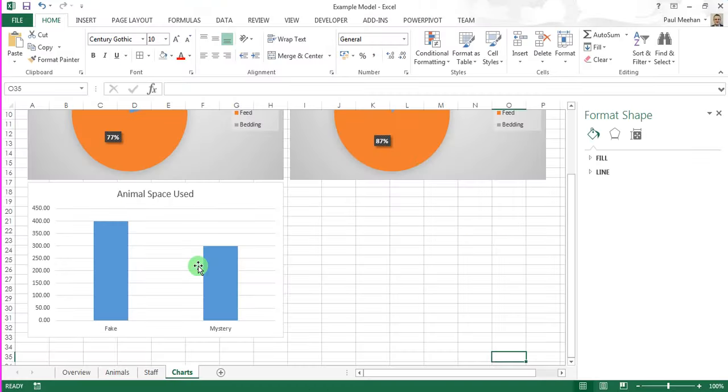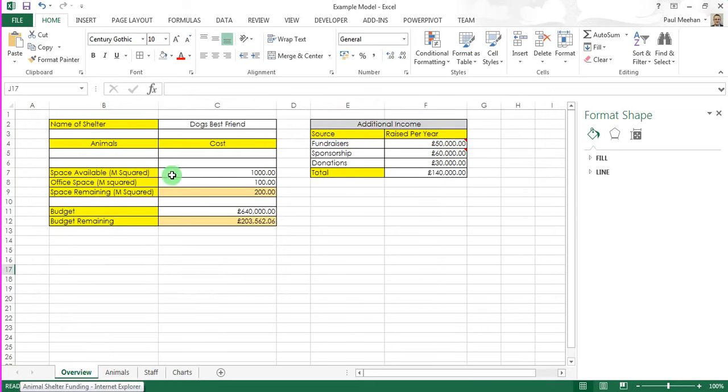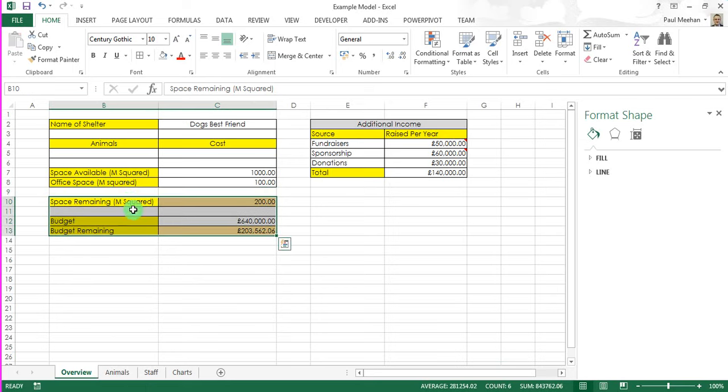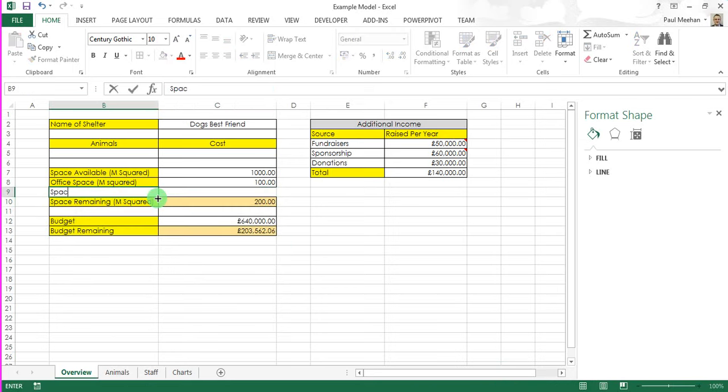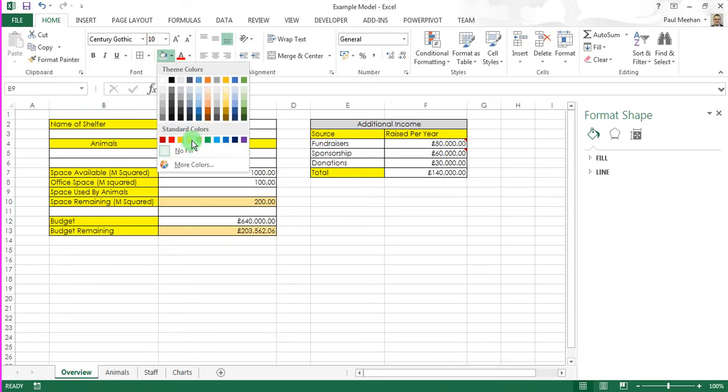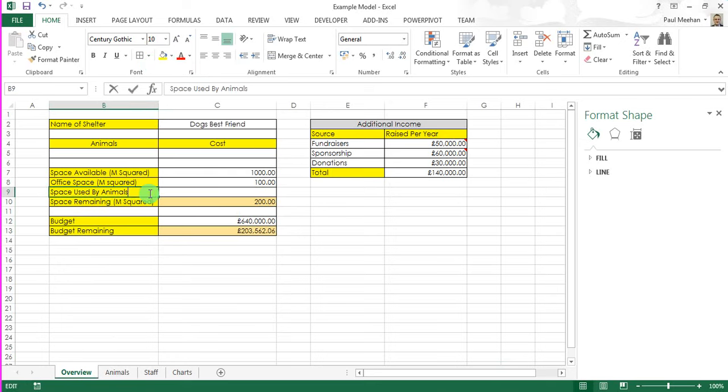I'm going to go back here and go to overview. So we started off with space available, office space. Space used by animals. And what we're going to do here is a simple formula. I'm already noticing how I can improve my sheet just by looking at the charts. So it's really useful to do the charts.